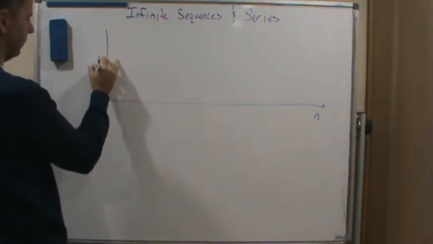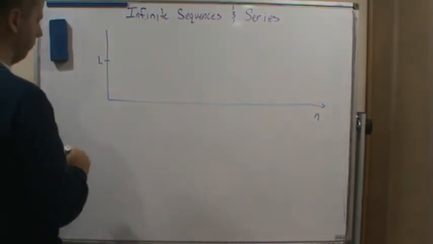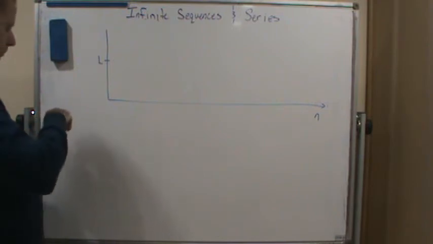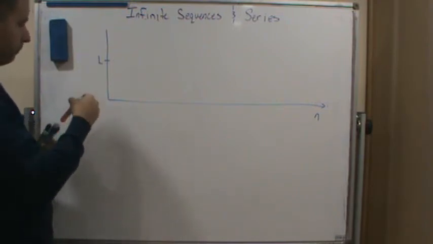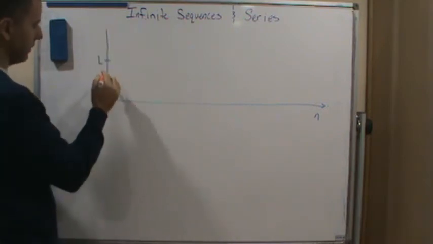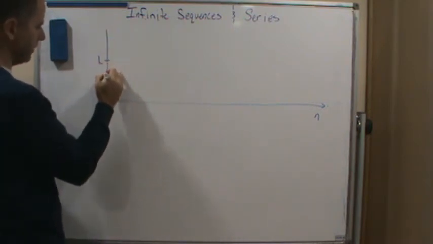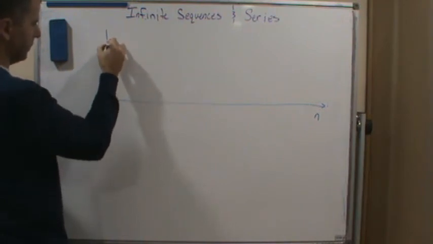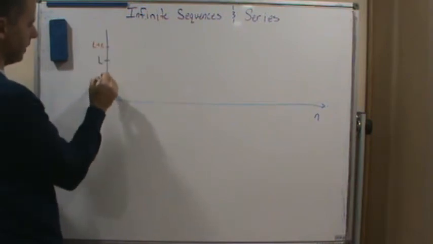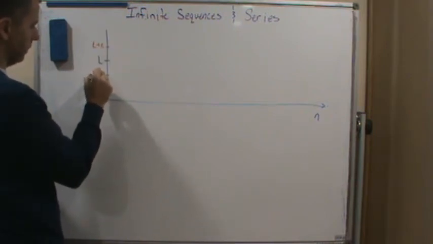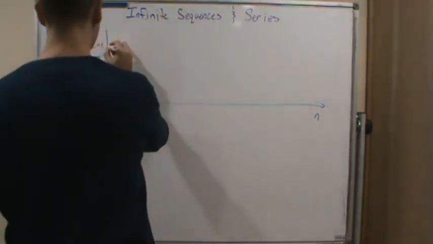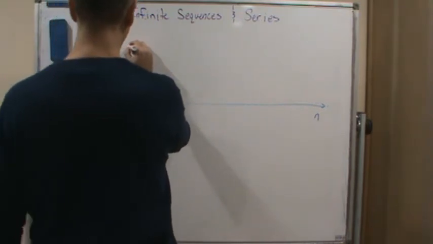Let's say we choose an epsilon, some epsilon greater than 0, and we do a distance epsilon. So this would be L plus epsilon, and this would be L minus epsilon. And so what do we get? We get this little band.